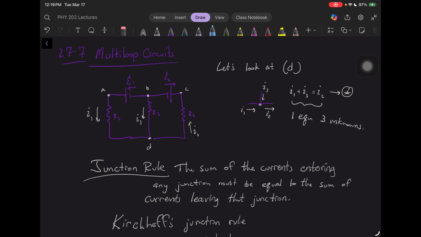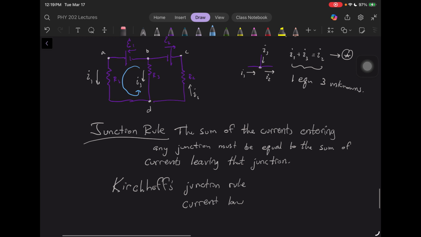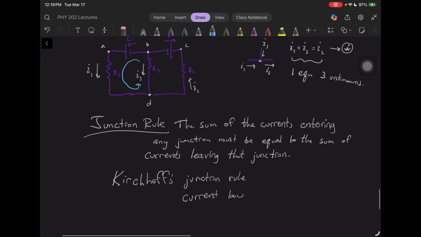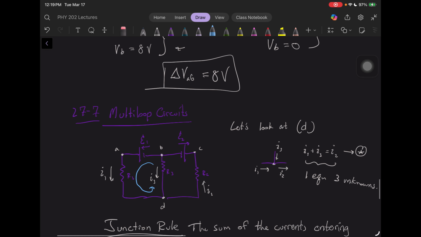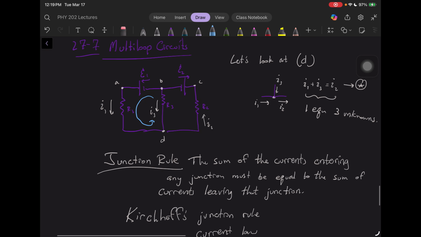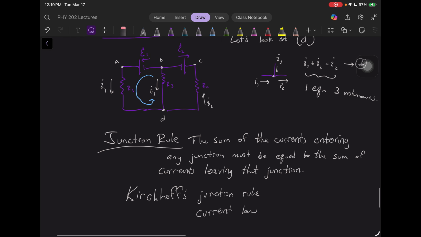If we start at point B and travel in a loop that goes this way, before we would start at VB, end at VB, and cancel them out. We're going to skip that part for right now.